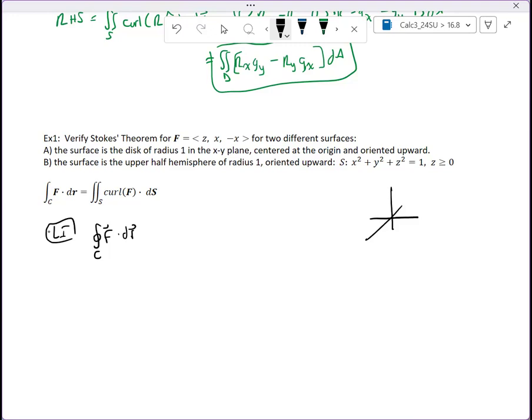The disk of radius 1 in the xy plane has the boundary curve that is just the circle of radius 1 in the xy plane. And the upper half hemisphere of radius 1 has that same boundary curve. So my good old circle of radius 1 in the xy plane, that is the curve that I'm dealing with.